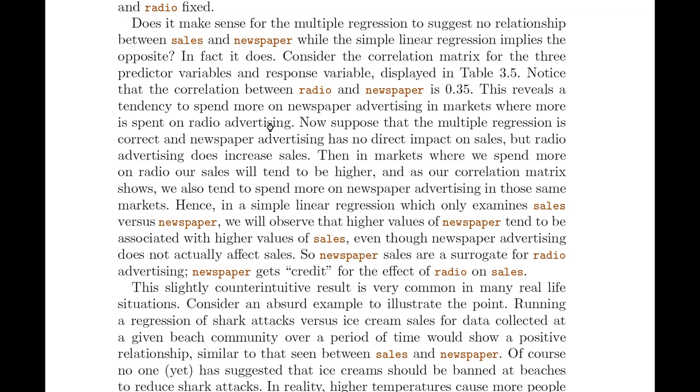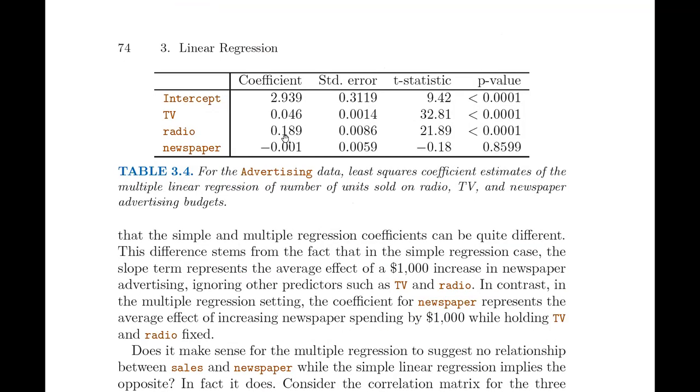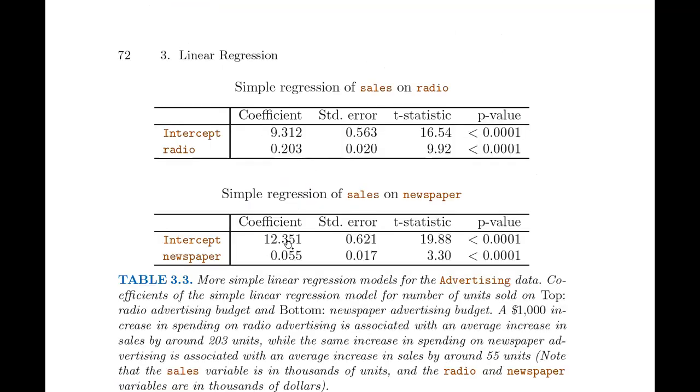And this may be the reason why, although you ideally want to define it more rigorously, the newspaper coefficient is practically zero over here. Because in actual fact, in simple linear regression, when we were only looking at the impact of newspaper advertising on sales, we had a statistically significant 0.055 slope parameter, beta 1 hat.